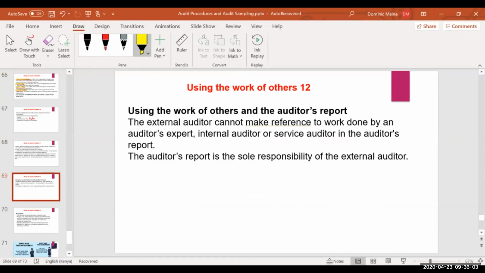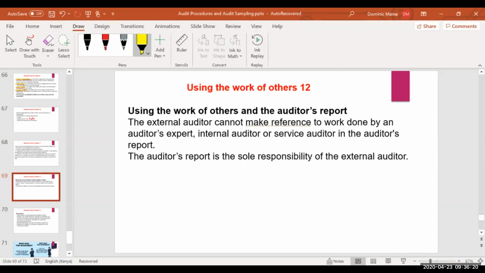Now, using the work of others and the auditor's reports. Don't forget, you as an auditor are the one using the work of the experts when it comes to gathering audit evidence.